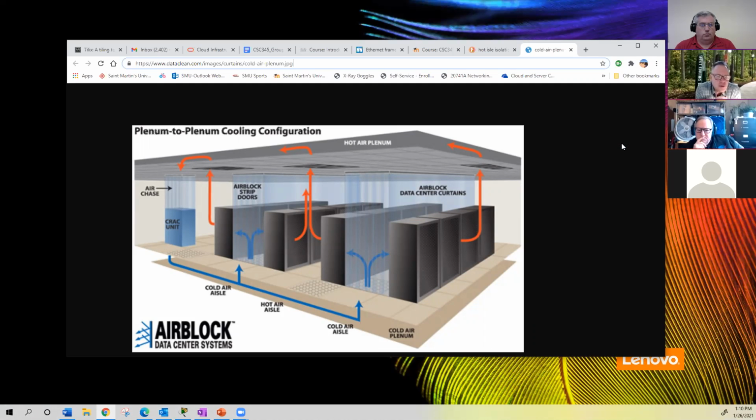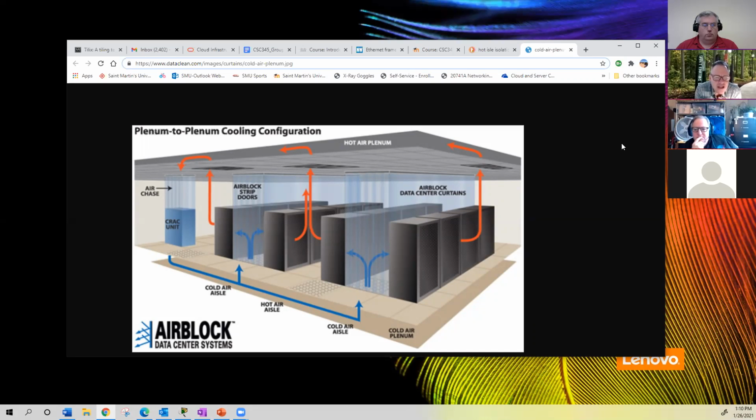A raised floor is basically a frame that's built that lifts the floor up off of the concrete. And in this case, the cooling is blown underneath the floor with the blue arrows that point up at the bottom. The arrows are pointing up where there will be perforated tiles.